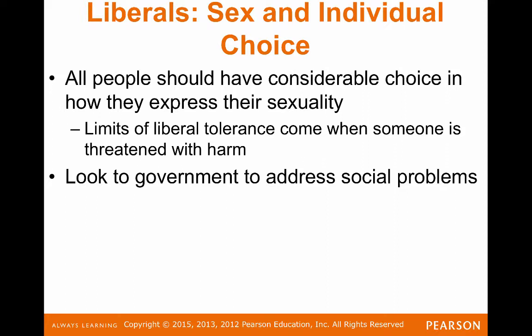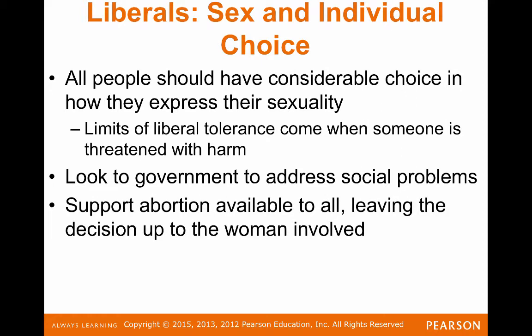So they think that the government needs to offer legal protections for people to be free from the exploitive nature of human trafficking, while on the other hand having protection to express their sexuality without any fear of imprisonment or violence or things of that nature. So they support abortion as something that should be available to all people, leaving the decision up to the woman involved and her doctor, and not up to people that sit in Congress that tend to be white dude millionaires or billionaires.